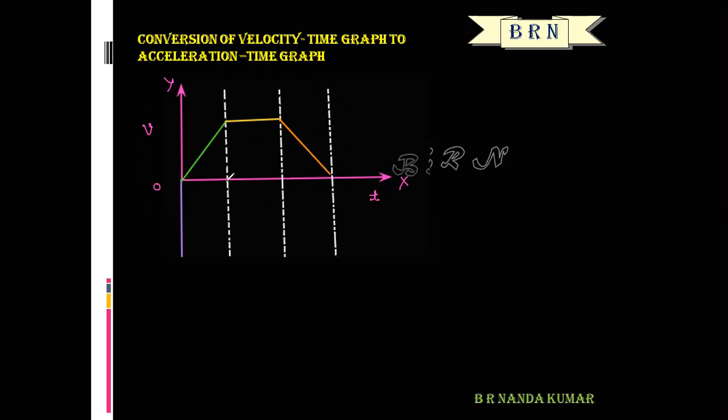And here from O to A, what is the nature of motion of the particle? That is very important. So this graph is actually divided into three parts: O to A, then A to B, after that B to C. In the time interval O to A, look at this graph carefully.